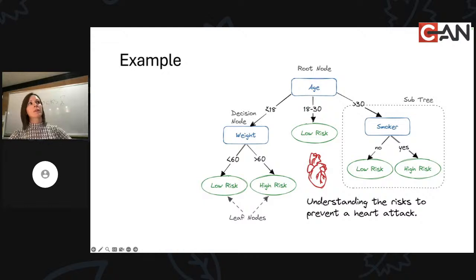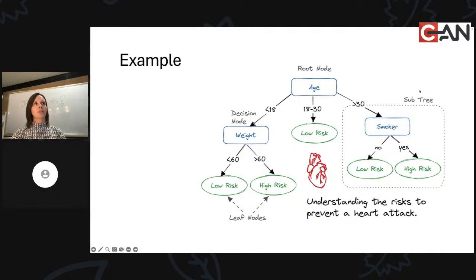Then only the records of individuals who are under 18 years old go to the left. Not all of the data goes to the left. A subset of the data goes to the left. Another subset, people who are 18 to 30, go down this center path. And another subset of people who are greater than 30 go down that right path. So now you've broken your data set into 3 smaller data sets.